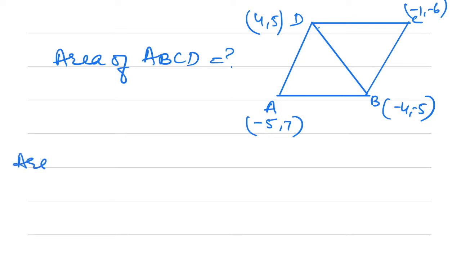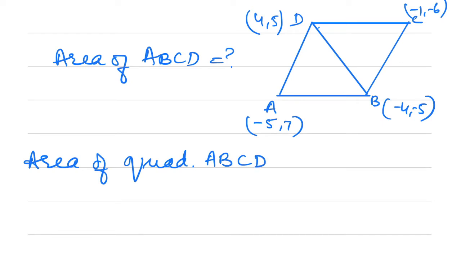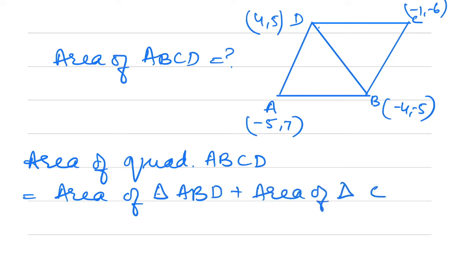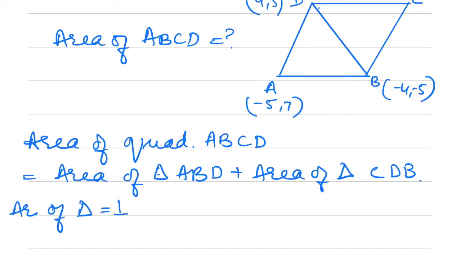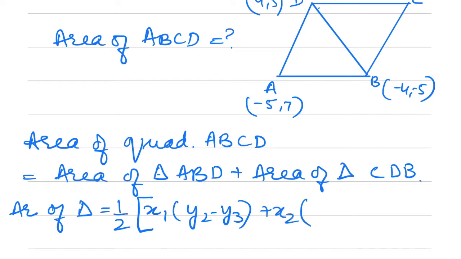So now I can say area of quadrilateral ABCD is equal to area of triangle ABD plus area of triangle CBD. Now let's write down the area of triangle formula in coordinate geometry: half into x1 into (y2 minus y3) plus x2 into (y3 minus y1) plus x3 into (y1 minus y2).